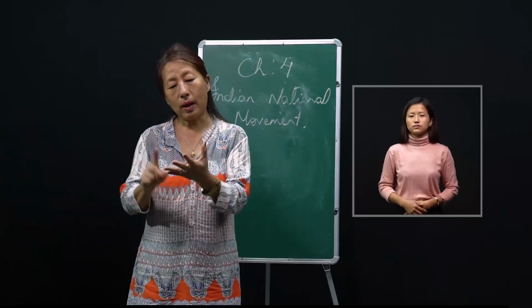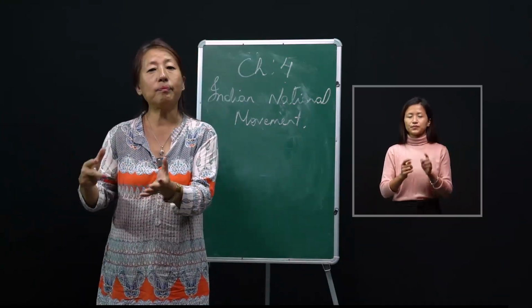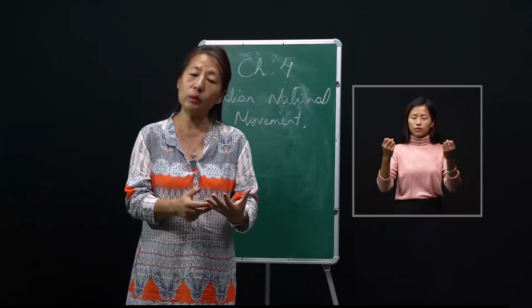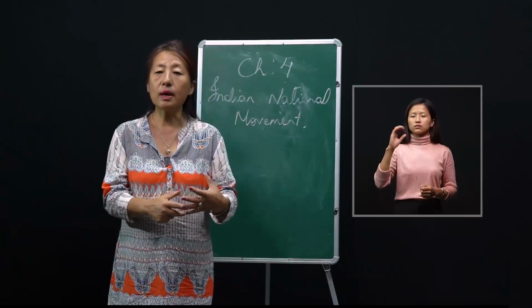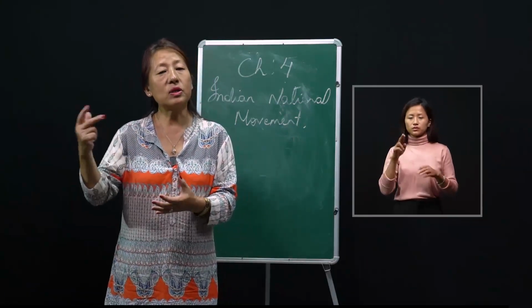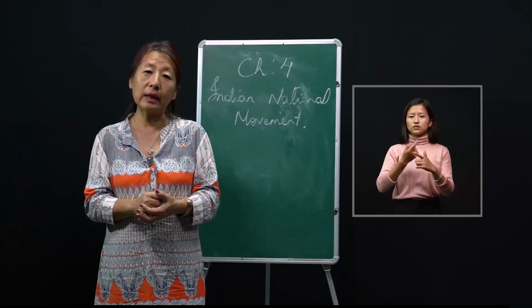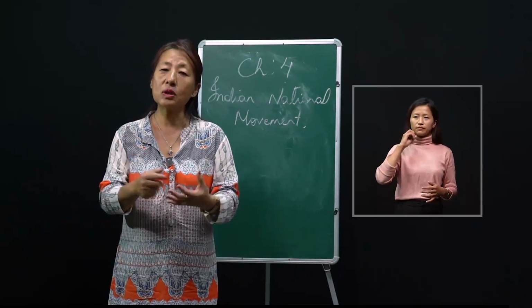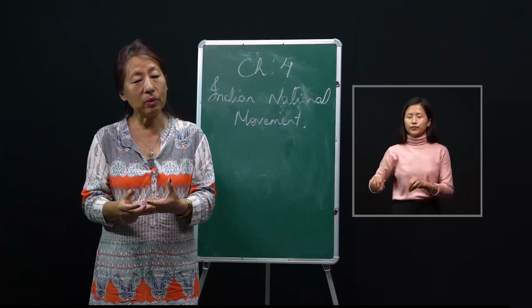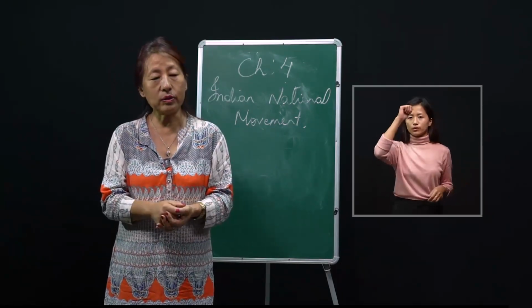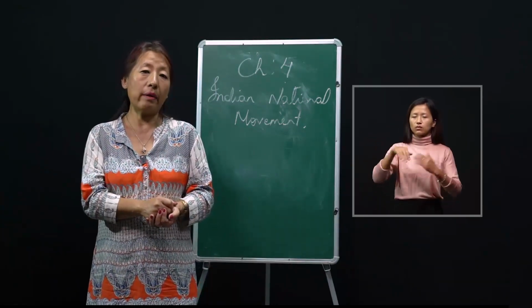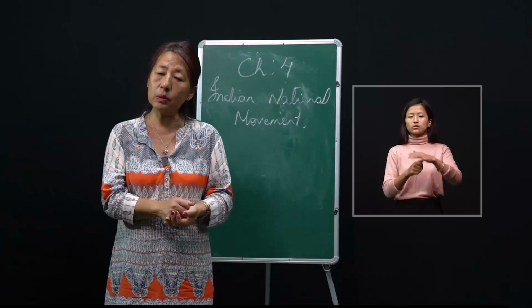Then again we have discussed that the Second World War broke out, and because of it, the Congress and the Indians were scared that if the British stay in India, the Japanese are sure to invade India, and that is why they started the Quit India movement. In the Quit India movement, it became very violent because all the leaders were being arrested and put into jail.